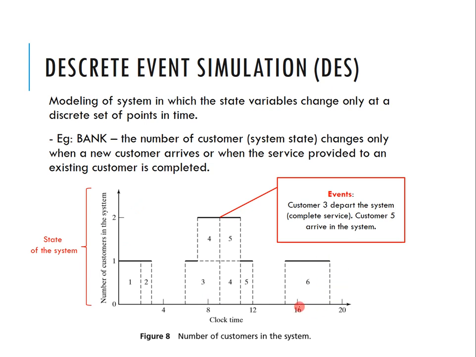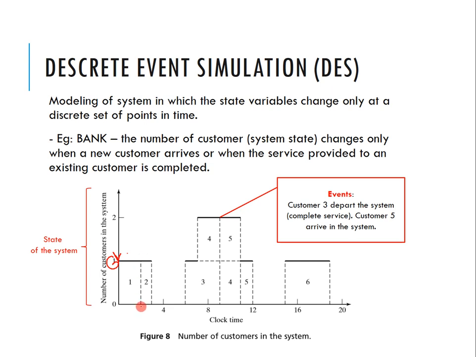What it means by this figure. For example here, this indicates the arrival, because this is a figure that shows you the number of customers in the system. So this point marks the arrival of the first customer. So when the first customer arrives, the number of customers in the system becomes 1.